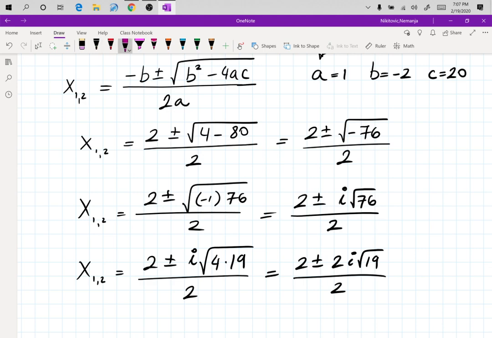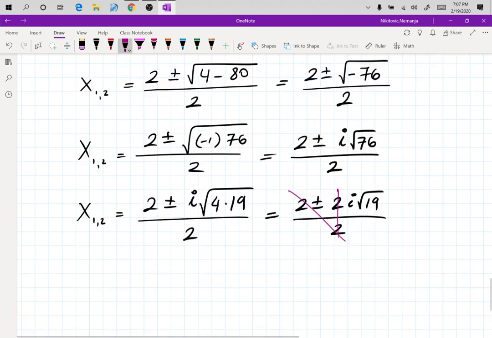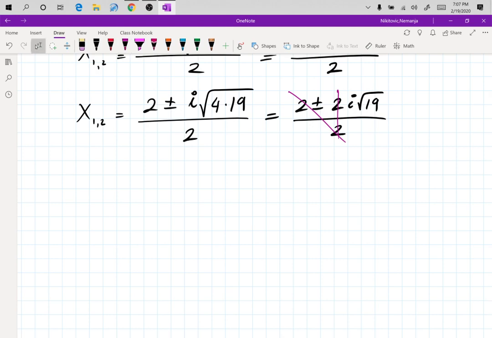And now you see that you can cancel the 2's. And you get a very simple compact answer: 1 plus minus i root 19. You can also write root 19 i, whatever. And these are the two answers that you never explored before for this parabola.